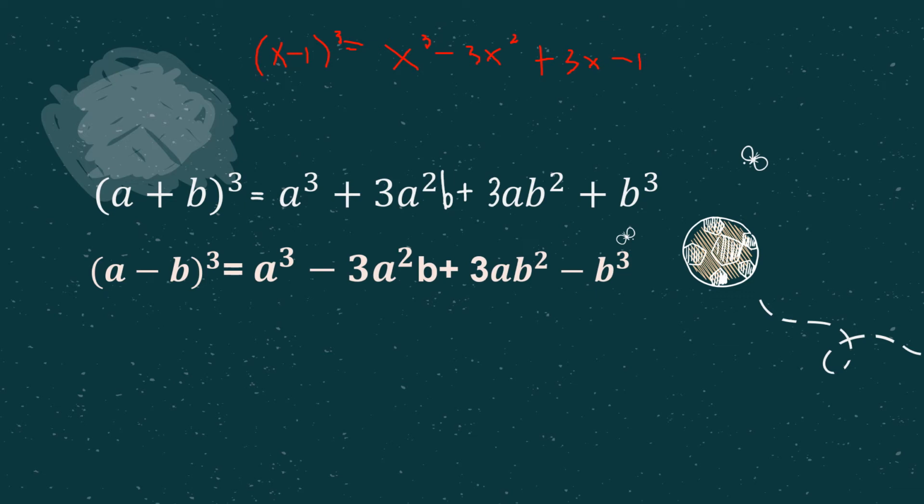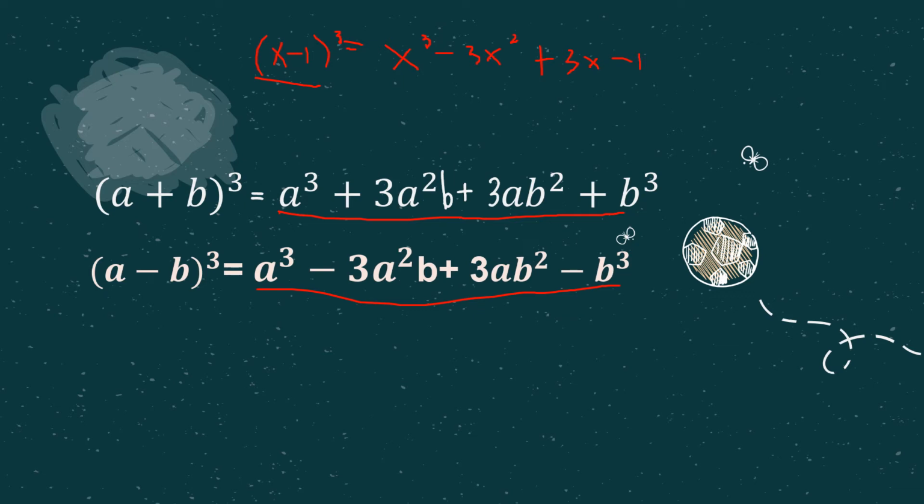So ano po ba yung mahahalagang bagay na kailangan natin tandaan when we are going to use this? Ang unang-una po is you should know this. Alam dapat ninyo ito. So una, you should know how or what form kung saan nakasulat yung inyong binomial.